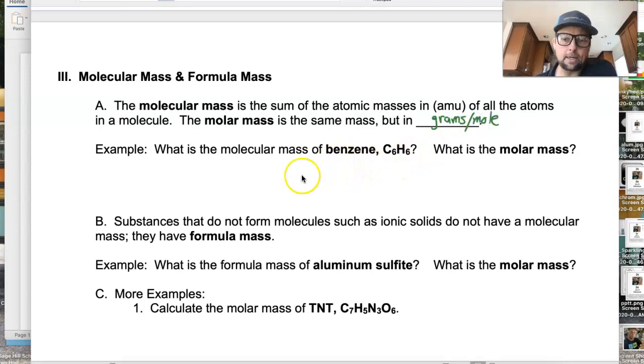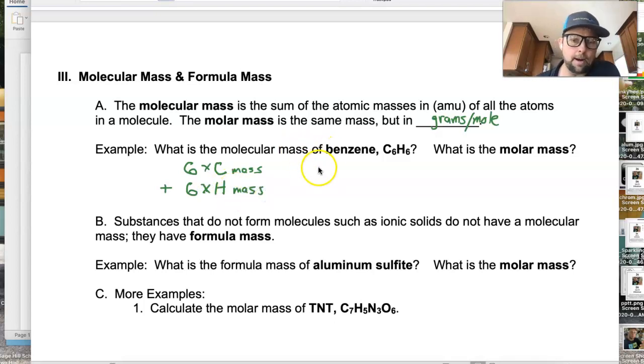That's what we use more, and it's measured in grams per mole. So if we look up benzene on our periodic table, it's C6H6. This is a main component of gasoline. We have 6 carbon atoms, so we look up the molar mass of carbon, and then we add that to 6 times hydrogen. You might remember that carbon weighs 12.01, but that's also on your periodic table.